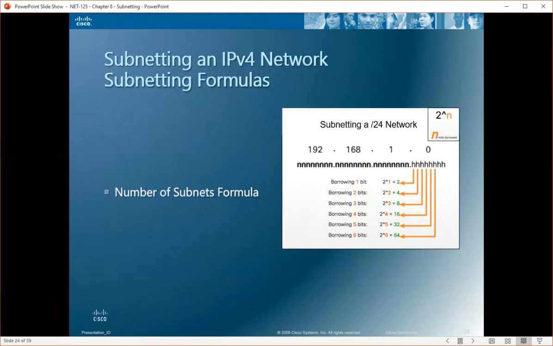So the subnetting formula, if you want to look at it more mathematically, is 2 to the n, where n is the number of bits that we have borrowed, to calculate the number of subnets.